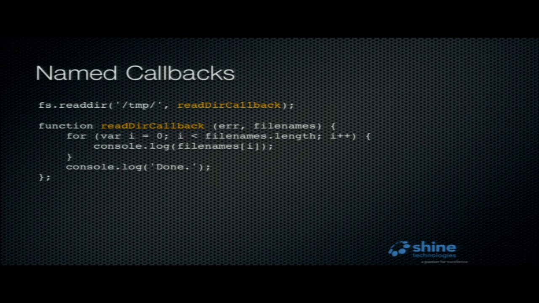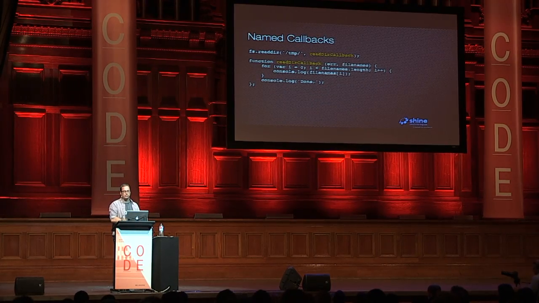There are some things that you can do yourself, and one of them would be to pull out the callback functions and make them named callbacks. So far we've always used an anonymous function as a callback function, that last parameter. But there's no problem in making that an explicit function with the same signature with the error and file names, and put our callback code in there, and that already makes our code a little bit more readable.